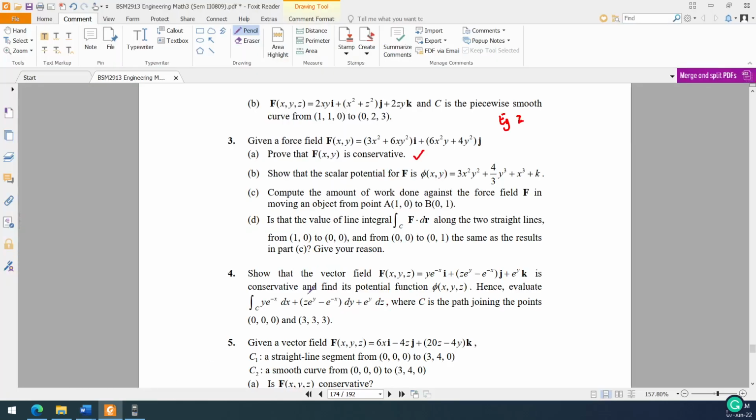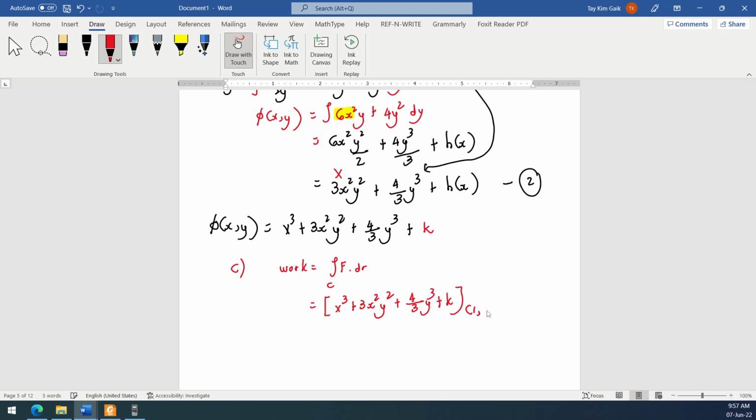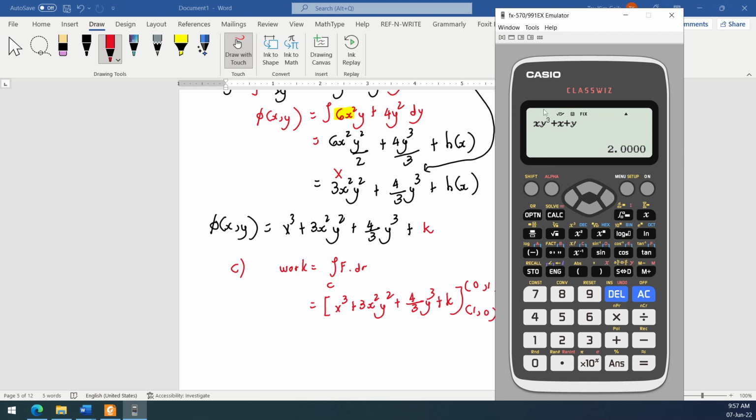Evaluate it starting at point (1,0) and ending at point (0,1). I will do it quickly using the calculator. So x cubed plus 3x squared y squared plus 4 over 3 y cubed.